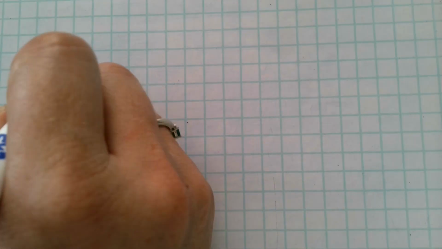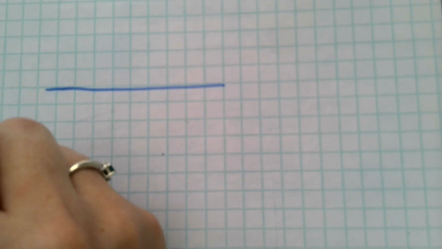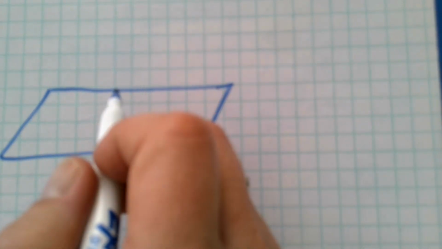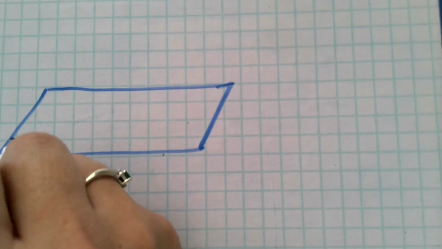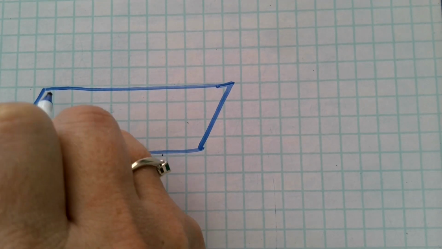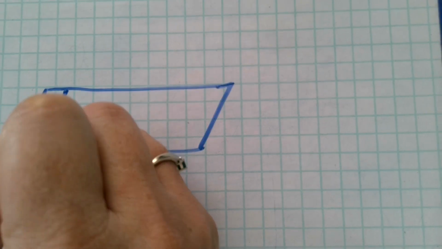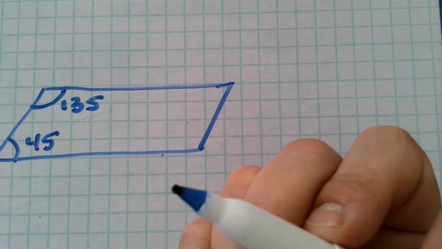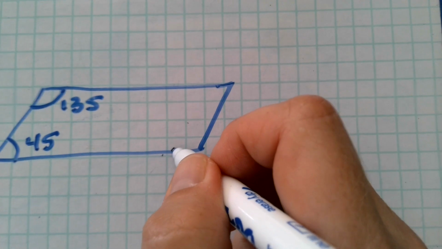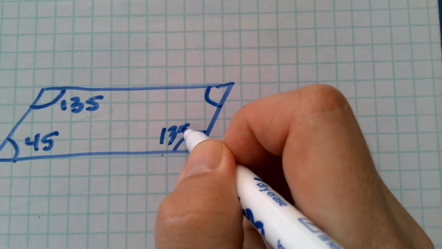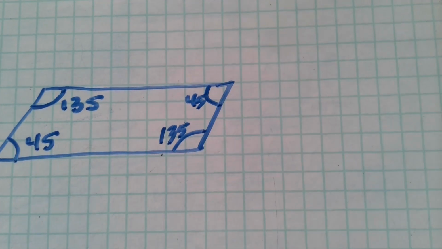The final example we are going to go through is this situation where you have a parallelogram that says with a 45-degree angle. So this one would be 45, and this angle would be 135. Okay, so you have to draw a quadrilateral that meets those, and you'd know that this would be 135 and this would be 45 because they're the same.